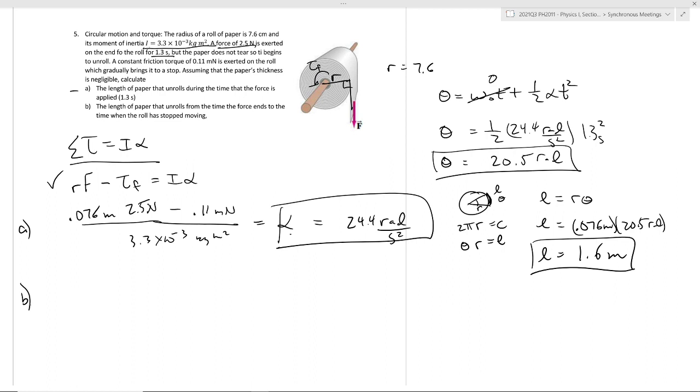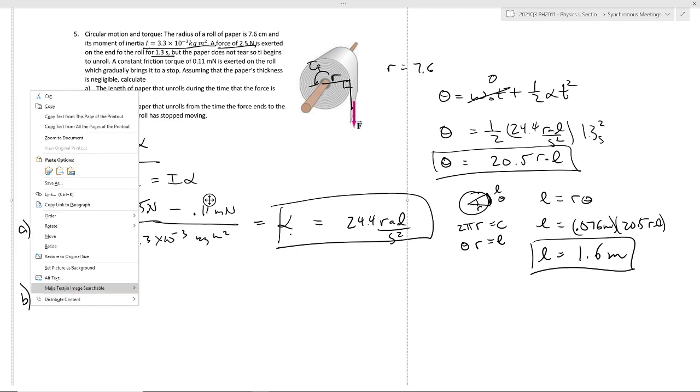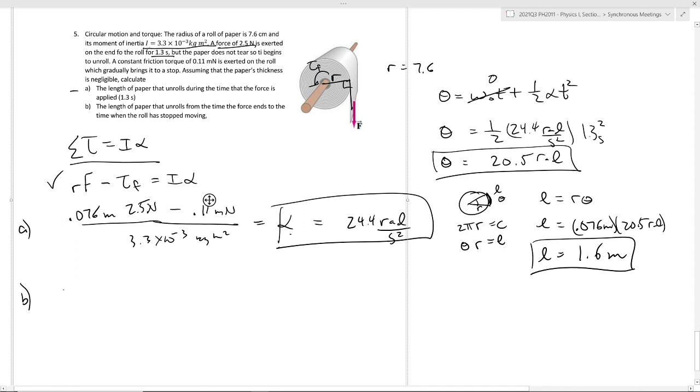So this 1.3 seconds was how much it took to accelerate it, and now we're looking after. So this is accelerating, and this is winding down.